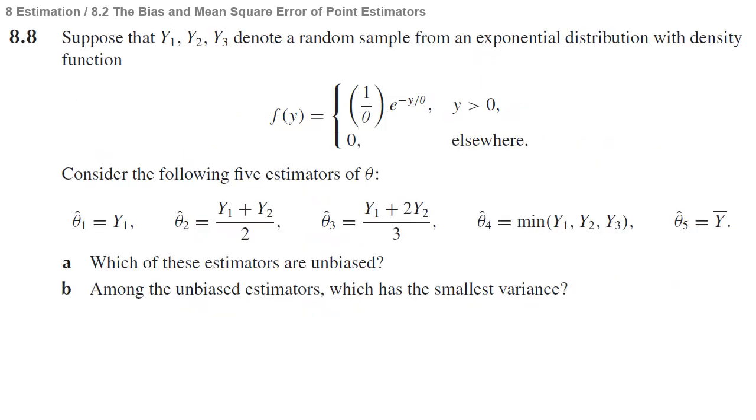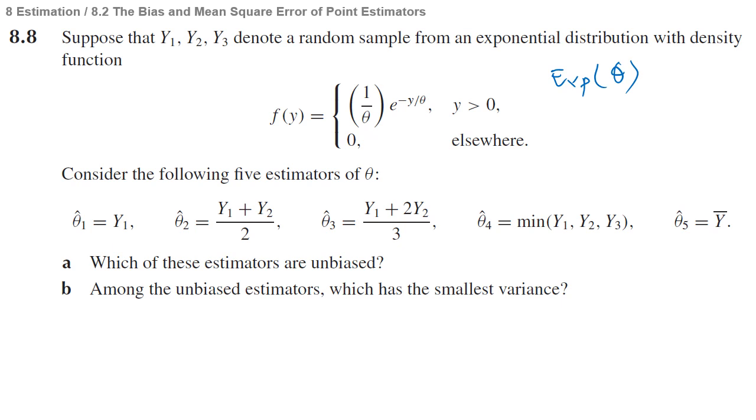Okay, and let's move on to example 8.8. Suppose that Y1, Y2, and Y3 denote a random sample from an exponential distribution with the density function here, exponential with parameter theta, and consider the following 5 estimators of theta. Theta 1 hat is the first sample Y1.